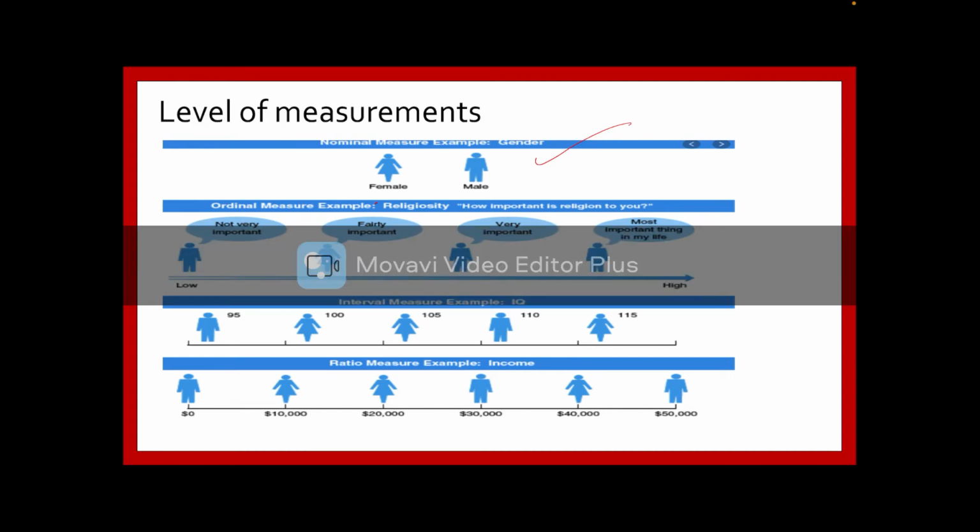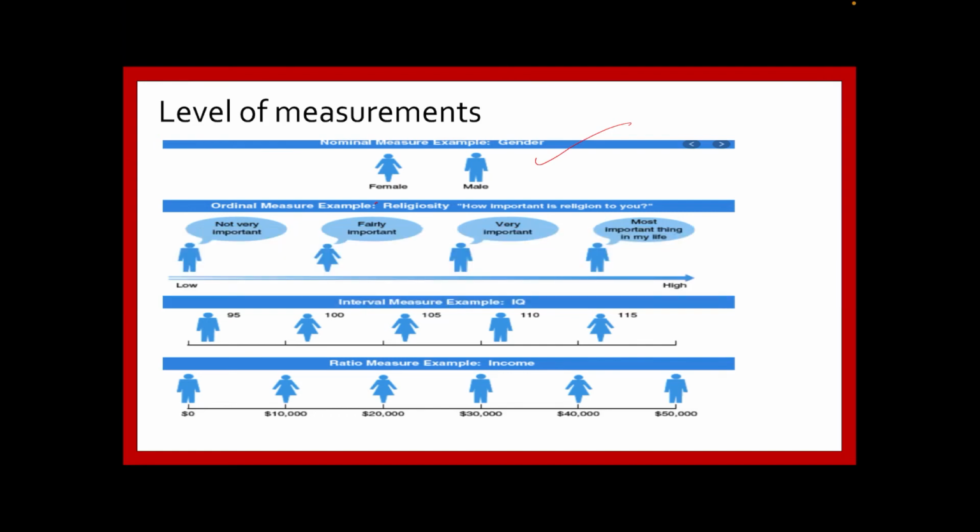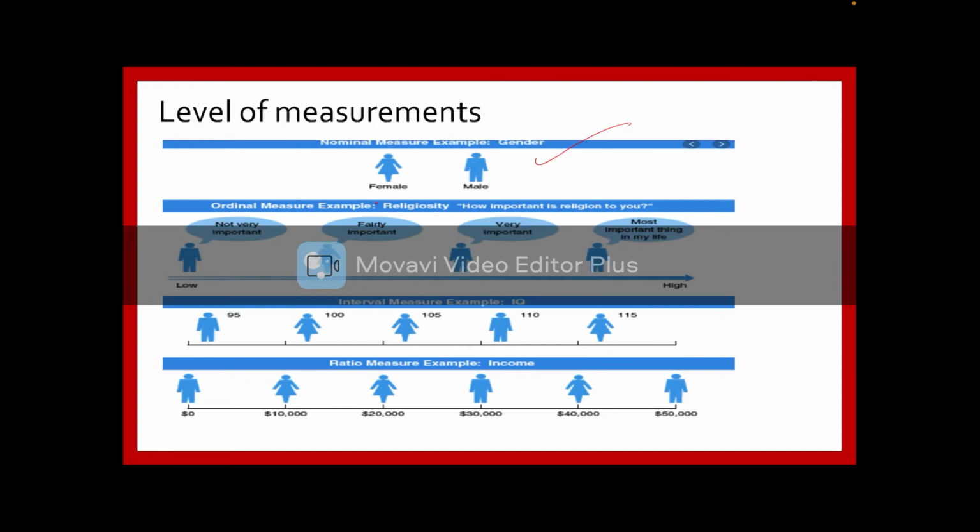Now we'll see the interval measure of IQ. So IQ is given here, with values 95, 100, 105, 110, 115. This is an absolutely continuous variable, but we will not take ratios.